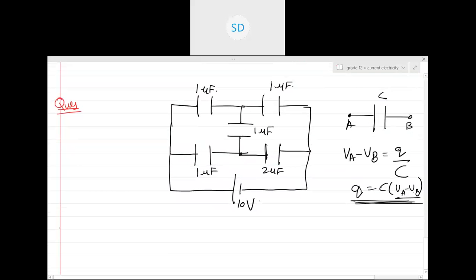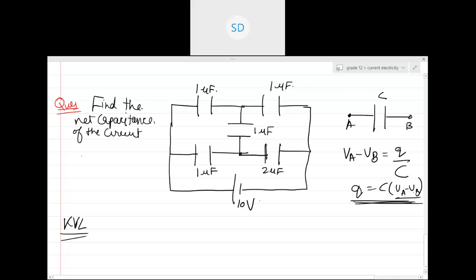So now see, let's start with the KVL. Now the question is, find the net capacitance. How will you do it?